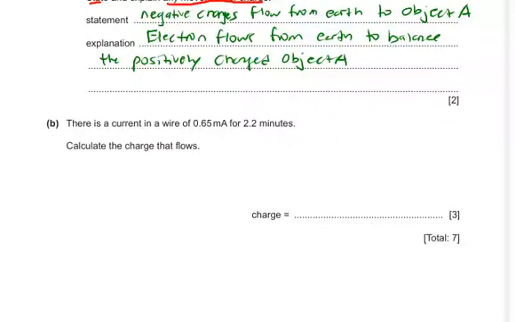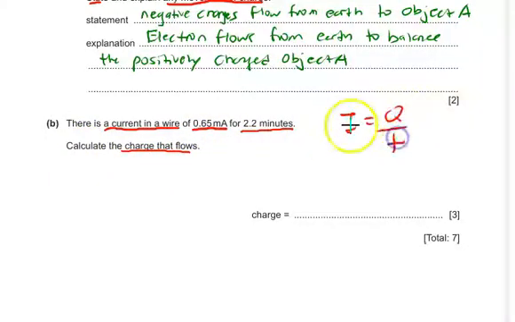There is a current in the wire. This is the current for 2.2 minutes. Calculate the charge that flows. So we can use this formula: current equals charge over time. The current here will be 0.65 milliampere.